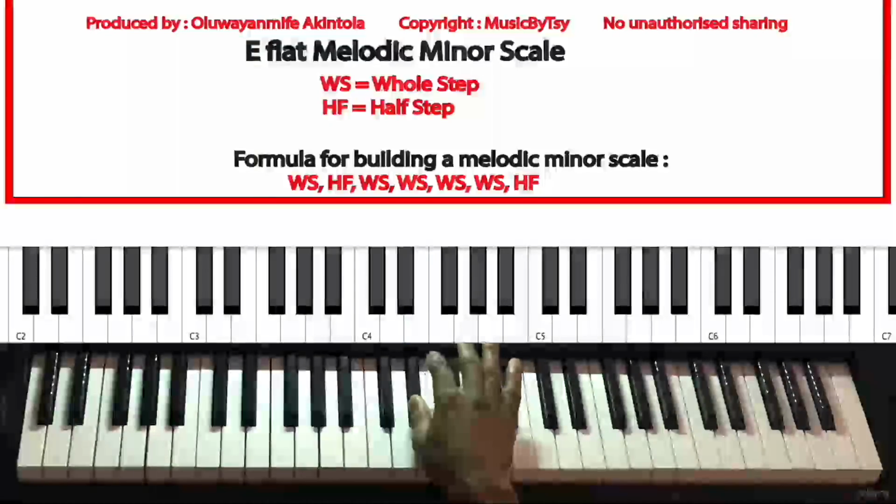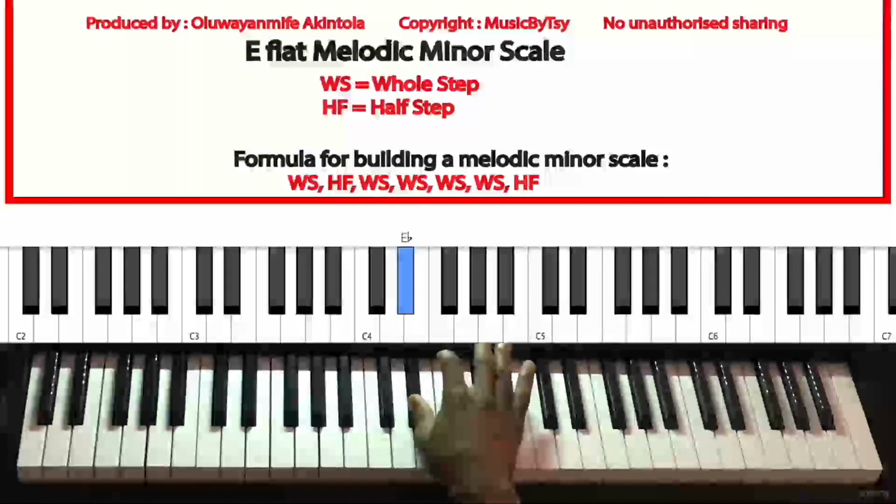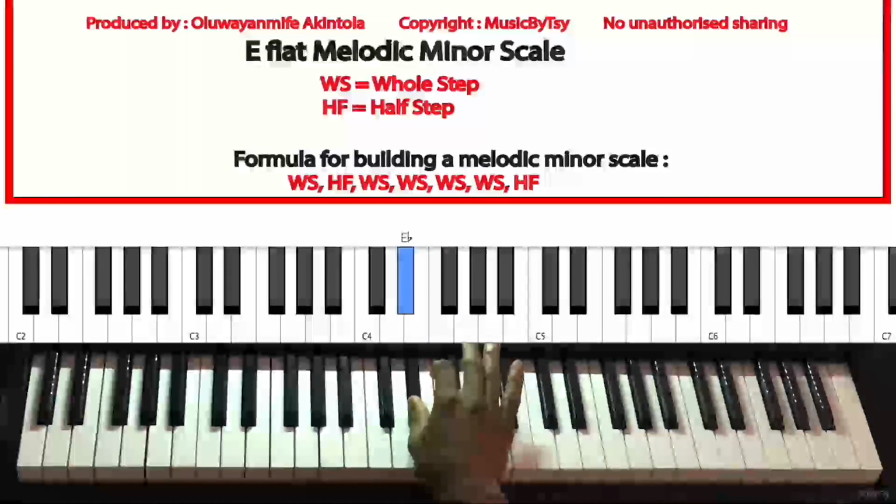Now, whenever you move from one key to another key and you skip one key in between, then that is known as moving by a whole step. See that? So yeah, let's use the formula to build the E flat melodic minor scale. So the formula goes like this.